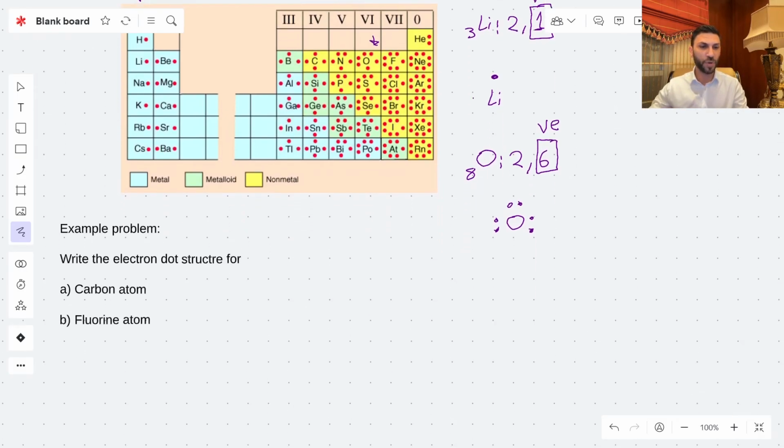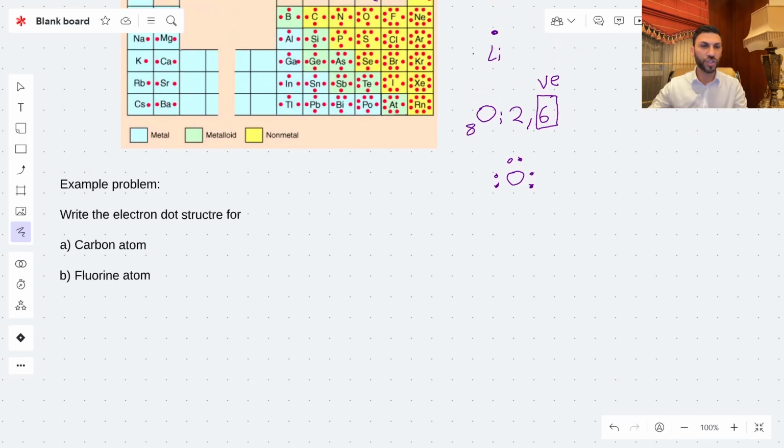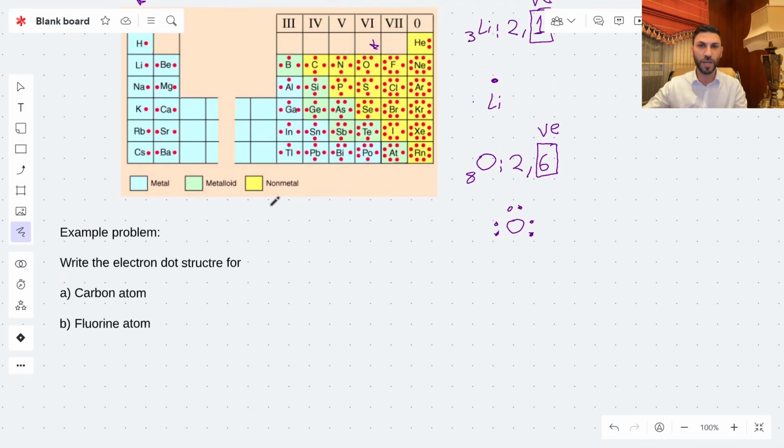Now, example problem. Write the electron dot structure for the carbon atom. Carbon, C, has 6 electrons. The atomic number of carbon is 6. So I'm going to write 2 and 4, that's 6. I have 4 valence electrons. So I'm going to write the carbon symbol and then 1, 2, 3, 4 valence electrons.